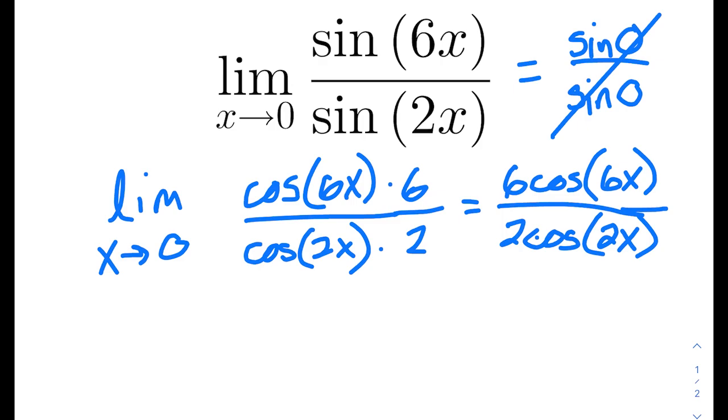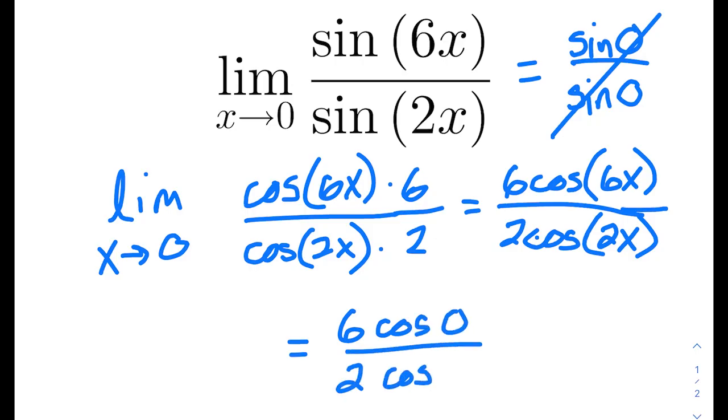And now let's see what happens if we apply direct substitution. When you plug in a 0 for x, we get 6 times the cosine of 0 over 2 times the cosine of 0. Using our unit circle knowledge, the cosine of 0 is 1.